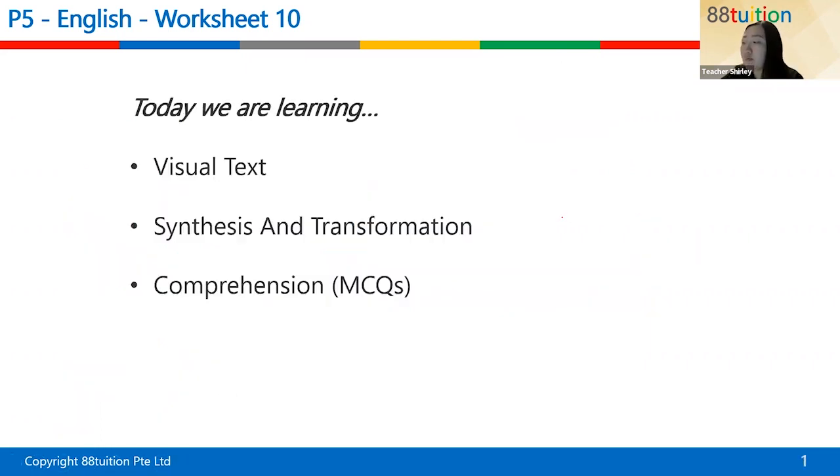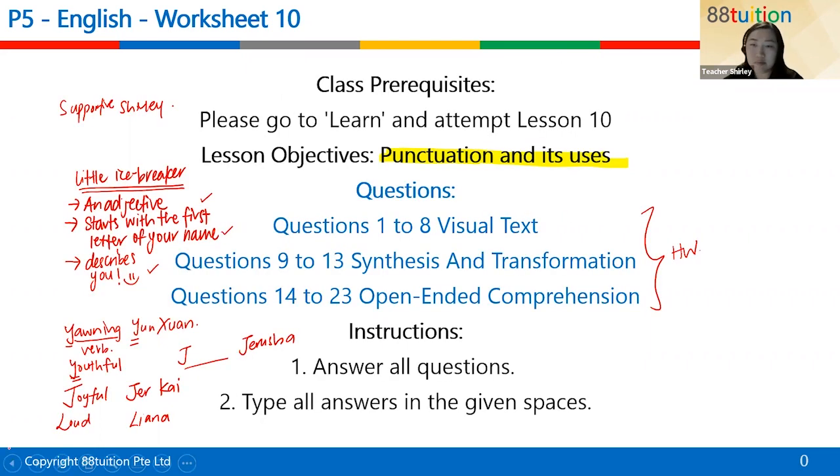Visual text is a form of comprehension test as well, because you have to understand, right? By the term comprehension, it means to understand. So for the visual text, which is found in your section A of your paper, you are expected to do 8 MCQ questions, okay? So there will be 8 MCQ questions that stem from your visual text.